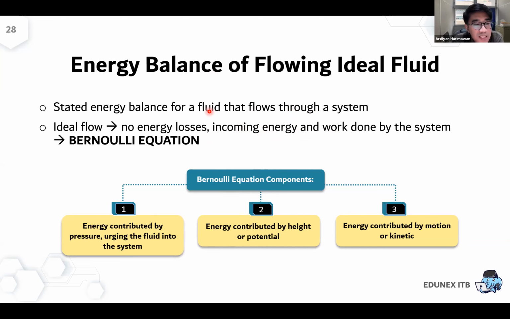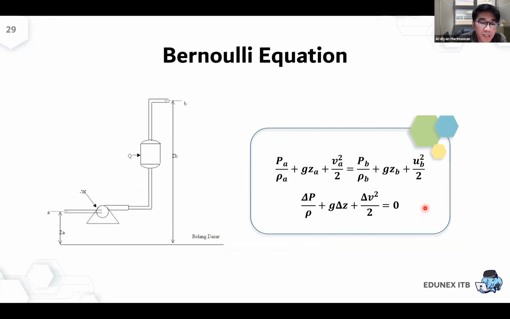But besides a steady state condition, Bernoulli also assumes that there will be no energy loss, no energy input, and no energy output. So the components will comprise pressure energy, potential energy, and kinetic energy. And you have learned how to write the equation.